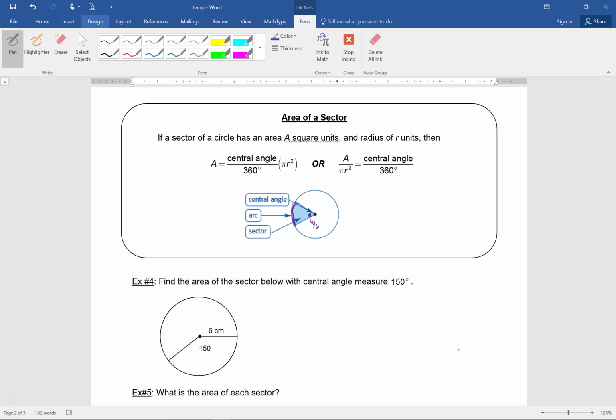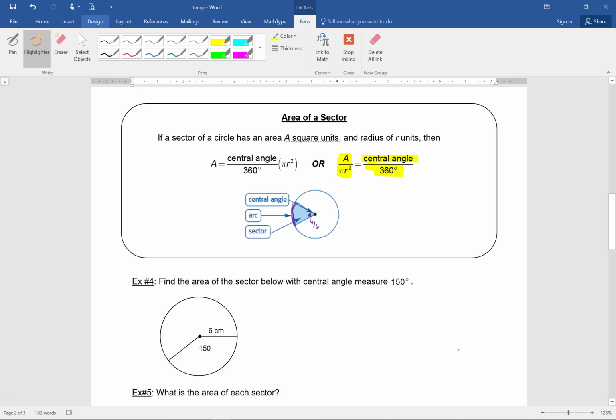All right? So the ratio of the angle to the full 360 is the same as the ratio of this area to the entire area. Meaning, the area over the full pi r squared, that ratio is the same as the ratio of the central angle over 360.